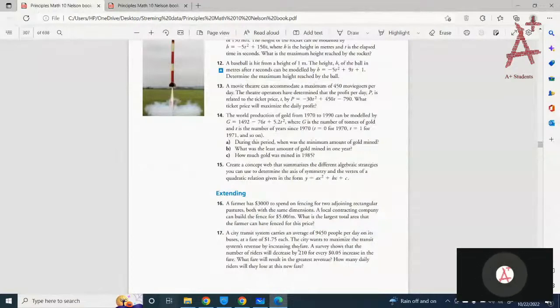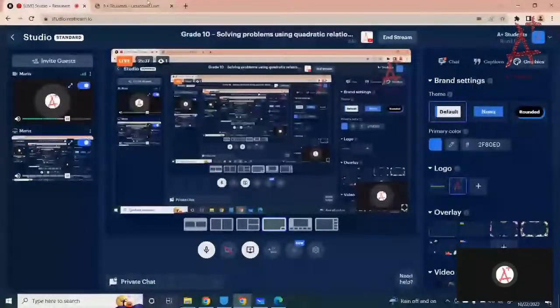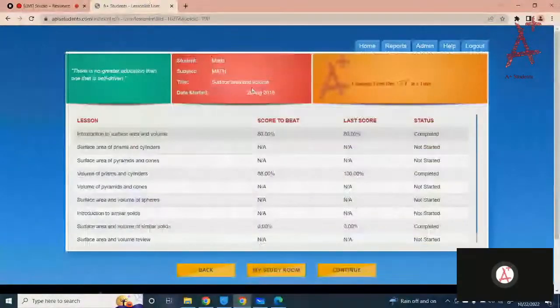Okay, now we're going to start with chapter 7 from the A plus, and the chapter name is surface area and volume. Let's start with the first topic, that is introduction to surface area and volume.